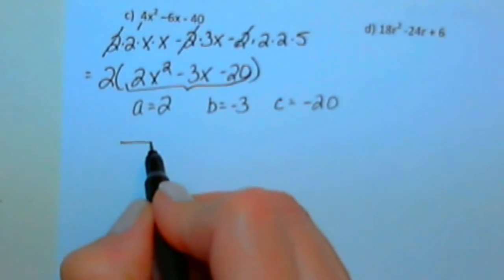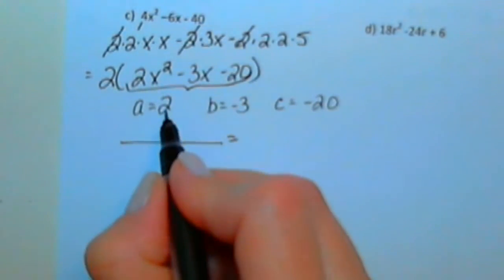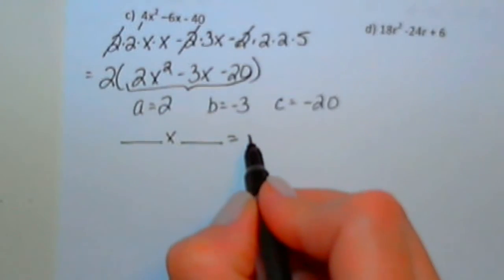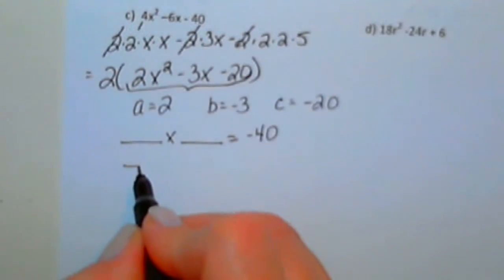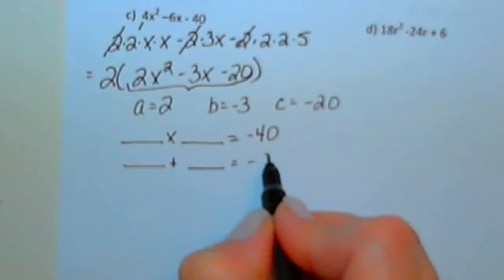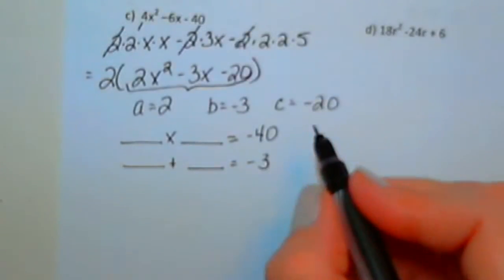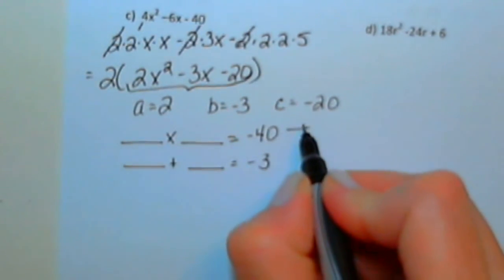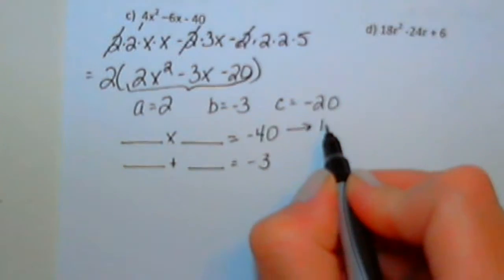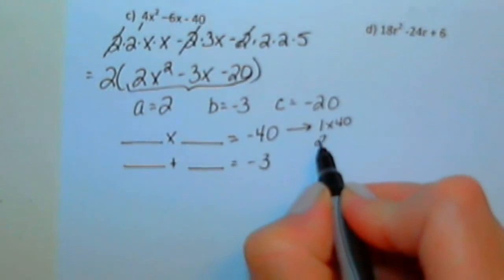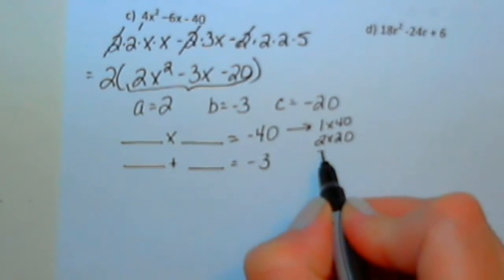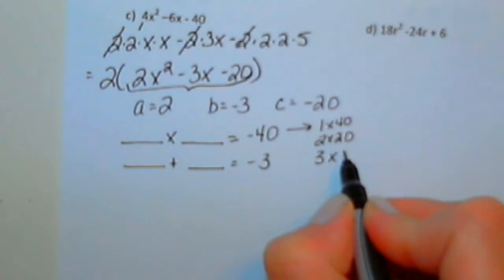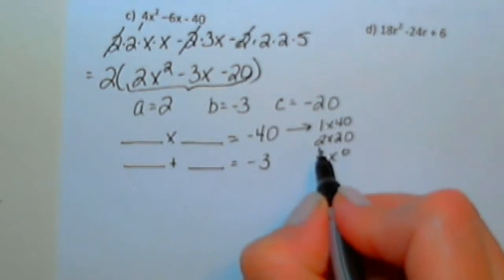So I want to find two numbers that multiply to give me 2 times negative 20, which is minus 40, and that add to give me minus 3. So again, I'm going to make a list of some numbers that multiply to give me 40. 1 times 40, 2 times 20, or pardon me, 5 times 8.